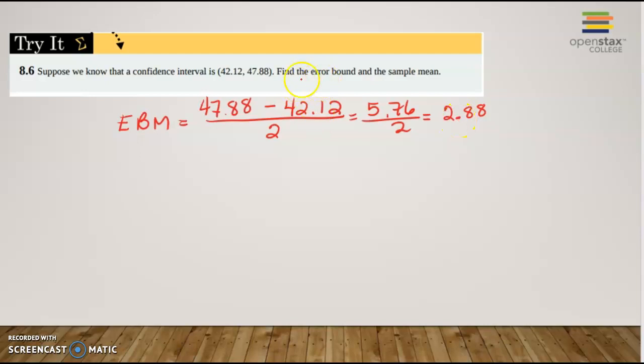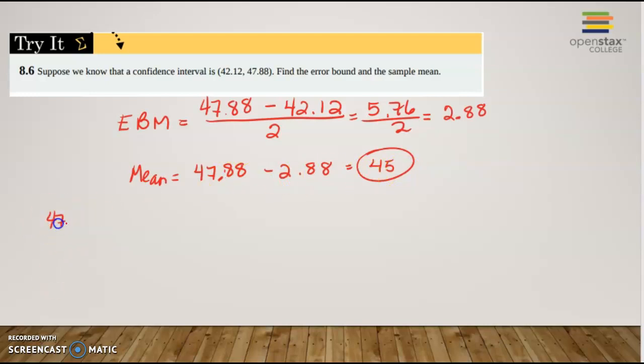All right, so now if you want to find the sample mean, you're going to say 47.88 minus 2.88. It's going to give me 45 as my sample mean. Now they showed you the other way to do it as well, which was add the 2 together, but since we already had the error bound, it's just a matter of subtracting it off to get back to the mean.